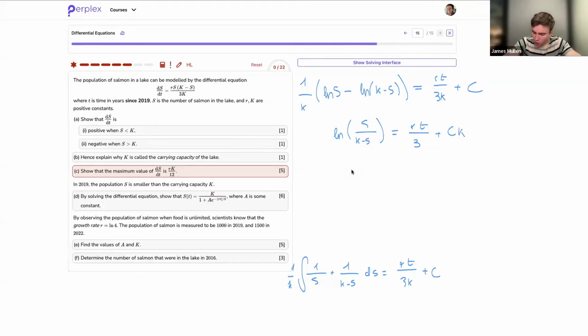Okay, so what else can I do? I can now exponentiate both sides, raise e to the power of both sides, and that's going to cancel with a log.